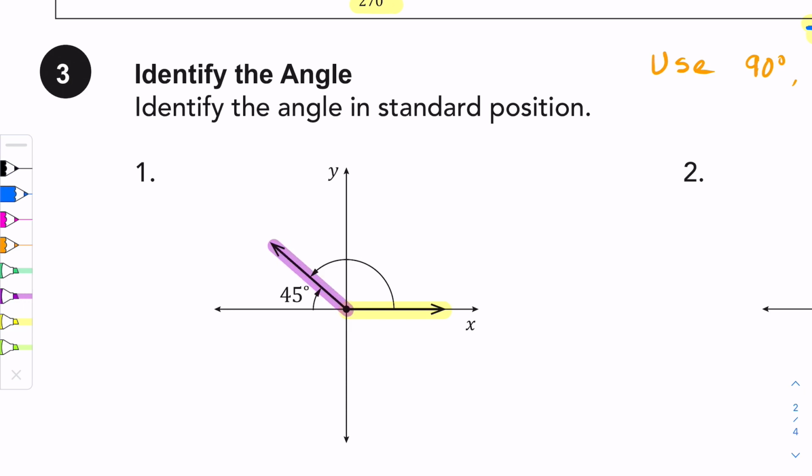We also know that this indicates 180 degrees, but it looks like my angle is 45 degrees short of 180 degrees. So I'm going to do 180 minus 45, which gives me the solution of 135 degrees. And that is my answer.